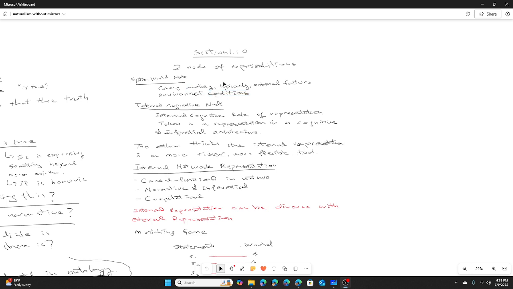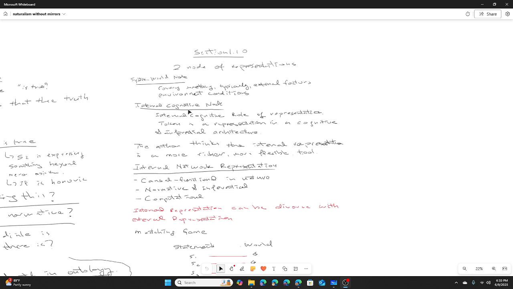Suppose there is a statement called "the cat is white." This statement is true if it corresponds to an actual cat in the world and that cat being white. So this system world node broadly corresponds to the correspondence theory of truth.